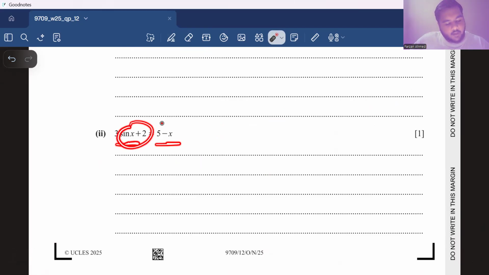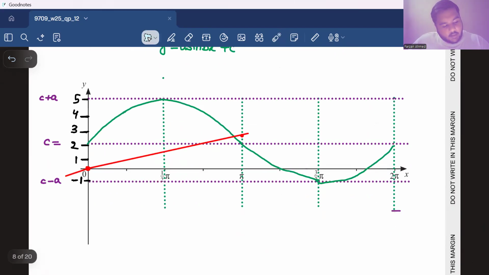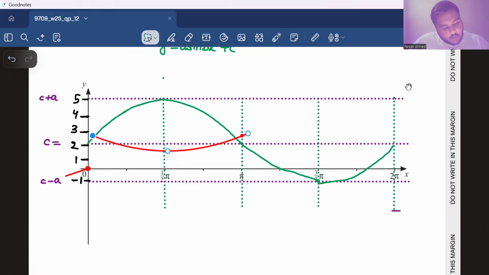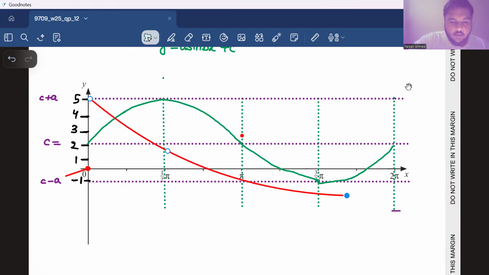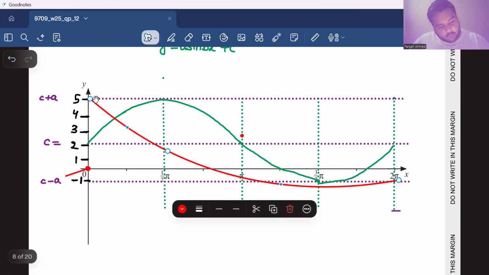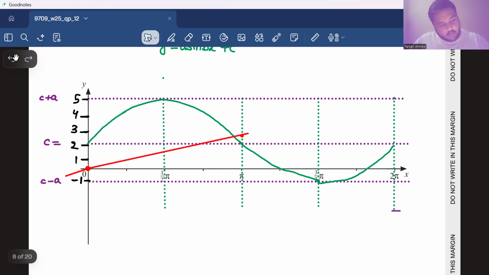Now in part B, they are saying 3 sine x plus 2 and 5 minus x. So here is the line. This line I'm copying. So this will be like this. This line will be till here. This should be a straight line, wait, I'm making it a straight line.